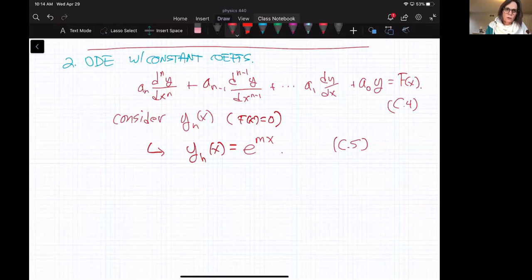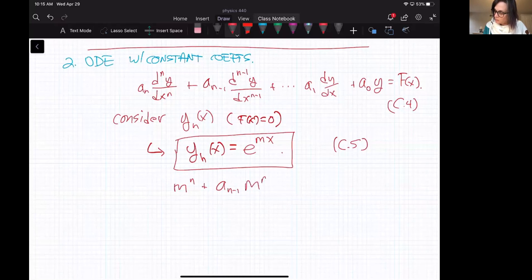Well, not really an indicial equation, a coefficient equation. So if we're going to assume a solution like this, we're also assuming that m to the n plus a sub n minus 1 times m to the n minus 1 plus, and so on, to a1 times m plus a naught is equal to 0.